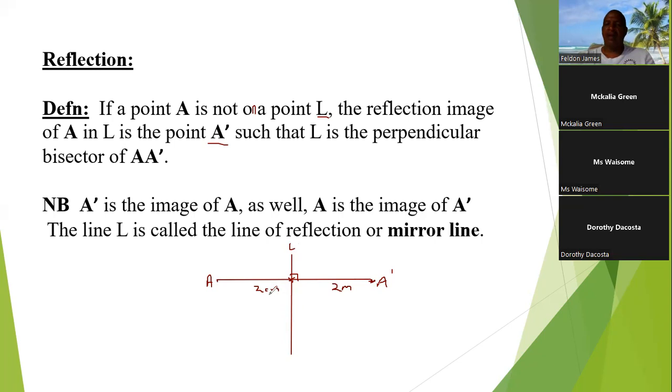So this line L will cut the line A to A dash into 2 equal parts. So from A to the mirror line here, if that is 2 centimeters, then from the mirror line to A dash, you'll also get 2 centimeters. Is that clear now, guys?